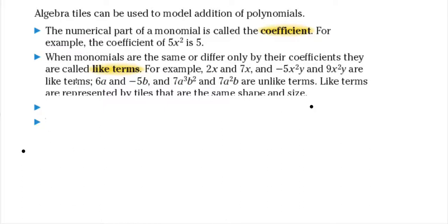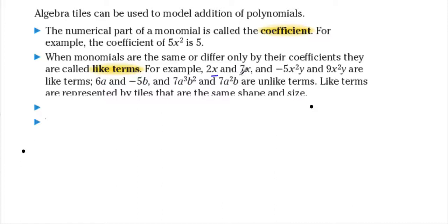When monomials are the same or differ only by their coefficients, they are called like terms. For example, 2x and 7x, and negative 5x squared y and 9x squared y are like terms. Why are they called like terms? Because look at this carefully.